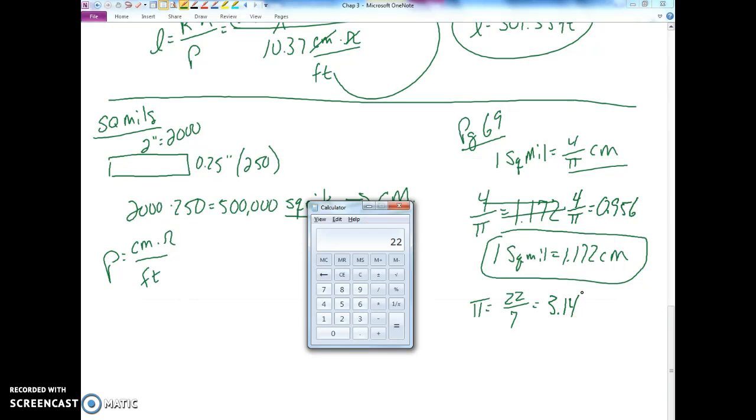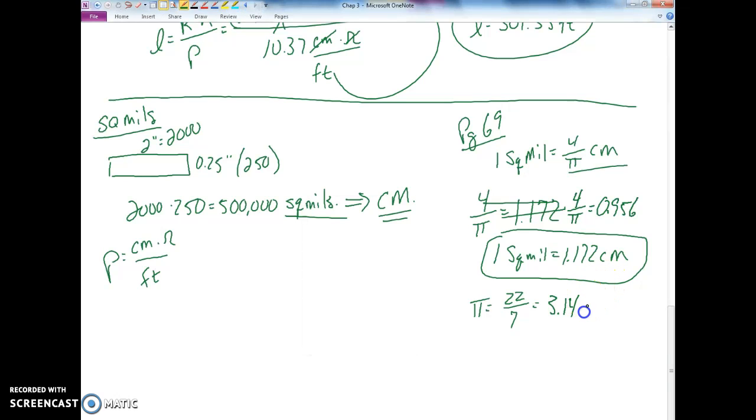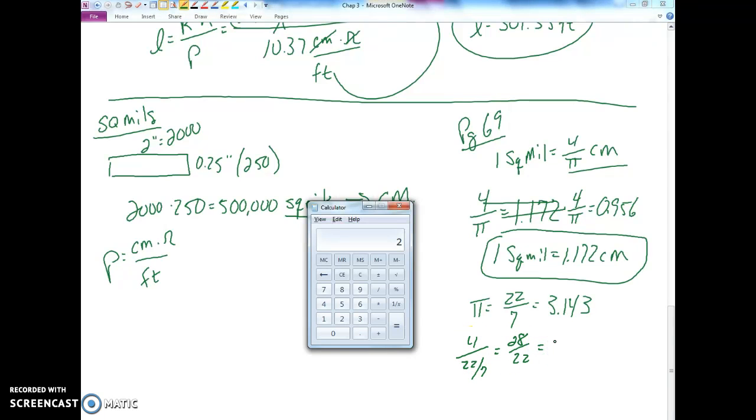Let me do that again. 22 divided by 7. If I wanted to do that conversion again, I could do 4 over 22/7, which would be 28, 7 4s are 28, divided by 22. What's that number?